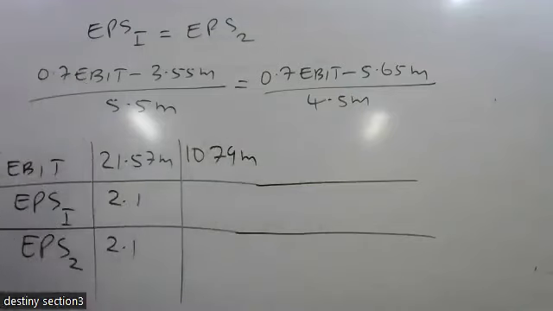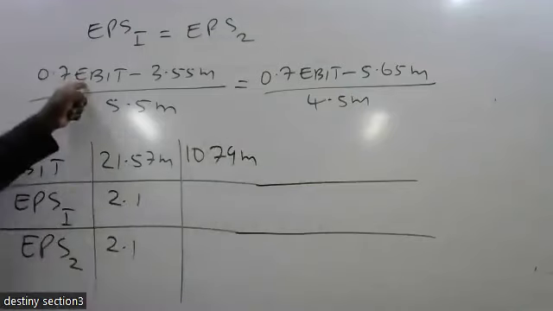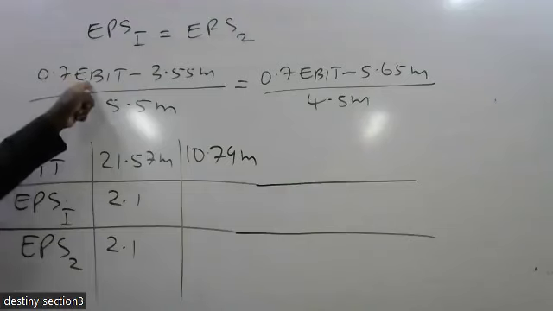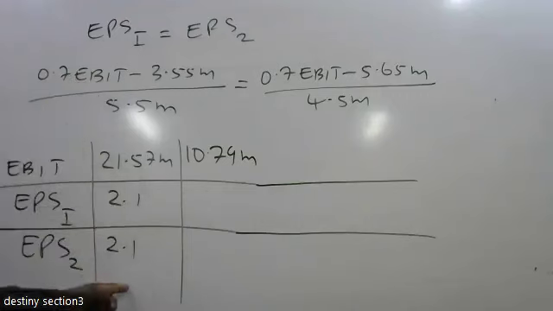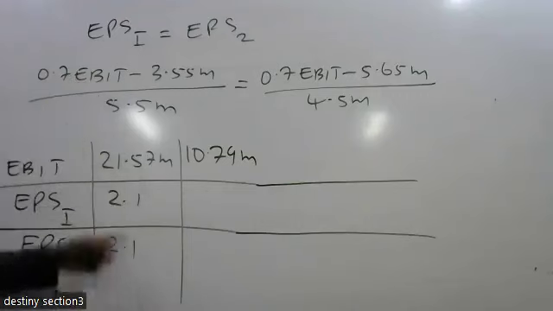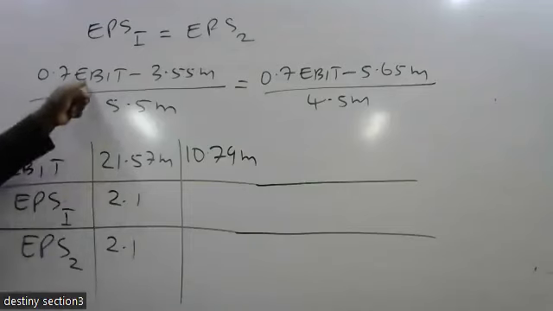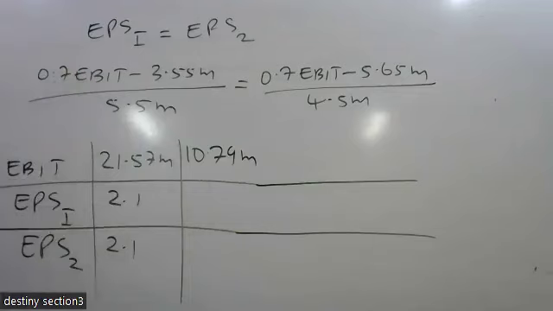So when it is 10.79, substitute it for option 1. You remember how you are calculating this one. Now, in that question 1, where there was earnings before interest and tax, replace this with that figure and see how much it will be.